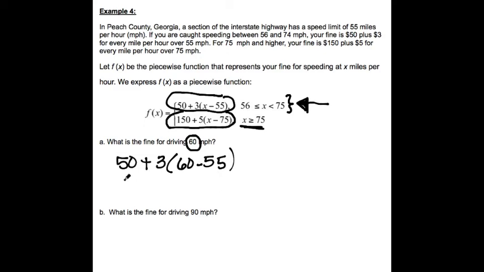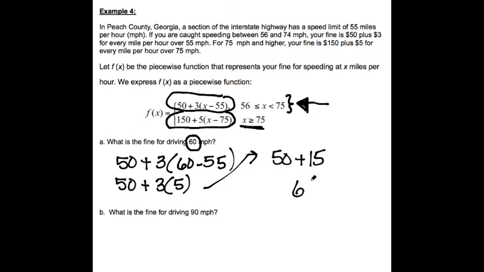All right, that's going to leave me with 50 plus 3 times 5, which is going to give me 50 plus 15 for a total fine of $65. So if you're traveling 60 miles per hour, the fine is going to be $65.